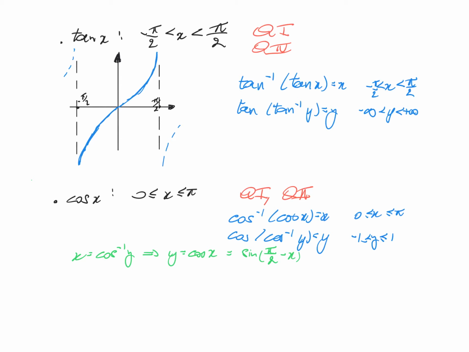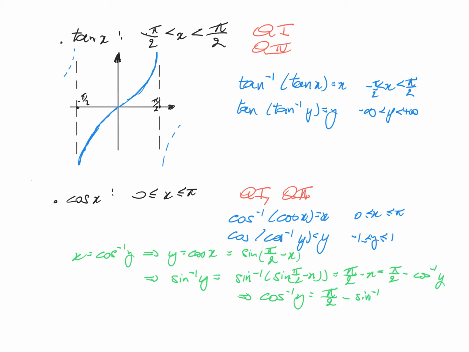If we then invert, then you get that sine minus 1 of y is sine minus 1 of sine of pi over 2 minus x, which is just pi over 2 minus x. And since x is cosine minus 1 of y, this is also pi over 2 minus cosine minus 1 of y. Rewriting then shows us that cosine minus 1 of y is pi over 2 minus sine minus 1 of y.